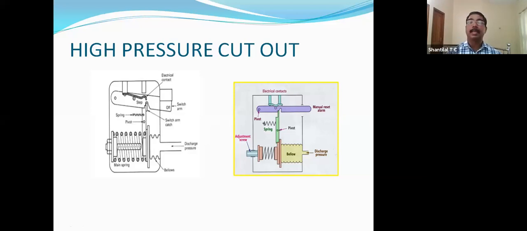That is how the high pressure cutout is controlling. So what is a high pressure cutout? A high pressure cutout is a pressure controlling device used to control the high side pressure of the system. When the pressure exceeds the limit, it stops the system. When pressure comes back to normal, it starts the system. In this way, it protects the system from high pressure.